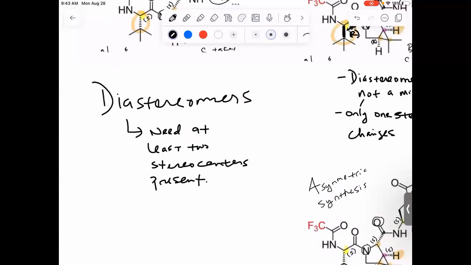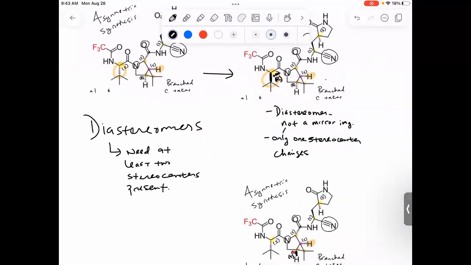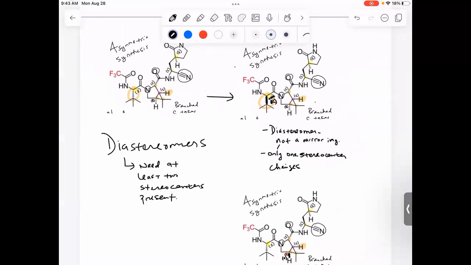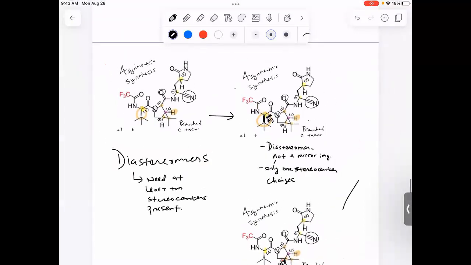You've got to have at least two stereo centers in order to generate a diastereomer. All right. Any questions about anything?